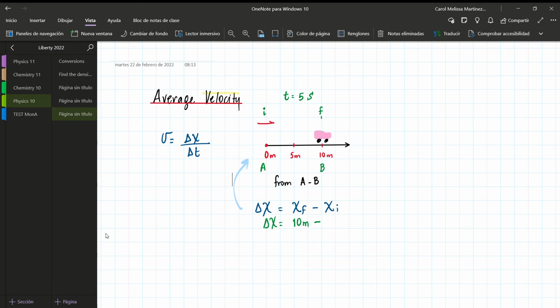So my final position, remember, is B, and my initial is going to be A for this example. So initially my car was at 0 meters. So what is my change in the position? 10 minus 0 gives me 10. So that displacement, or in this case change of position, is 10 meters.